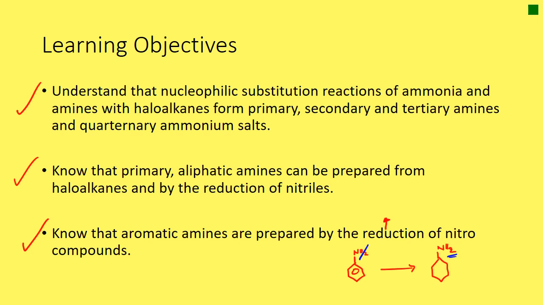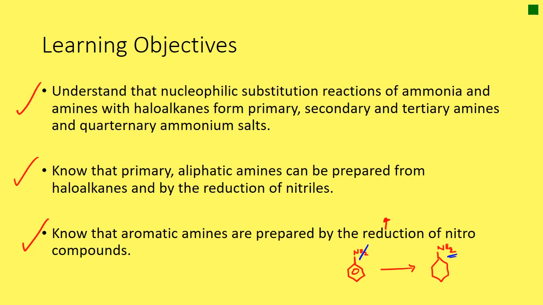So lastly, let's just check we've dealt with all our learning objectives. We've already checked the first two, and let's see if we now know that aromatic amines are prepared by the reduction of nitro compounds. So let's just break down this word reduction. What we did was we started with nitrobenzene, and that had NO2, and we ended up with our amine, so we had NH2.